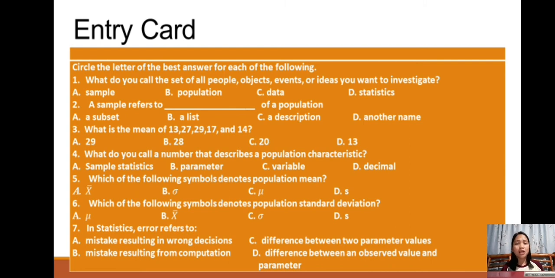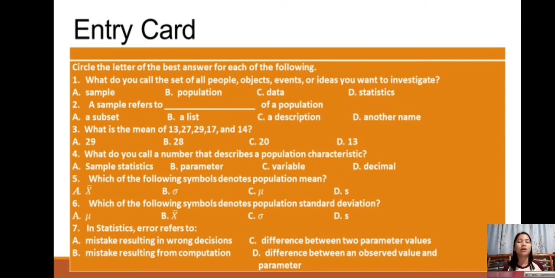Using your calculator, we need to add 13 plus 27. I want you to follow class. Plus 29 plus 17 plus 14. Then press equals. So you have 100 and there are 5. So 100 divided by 5. The answer for the mean is 20.